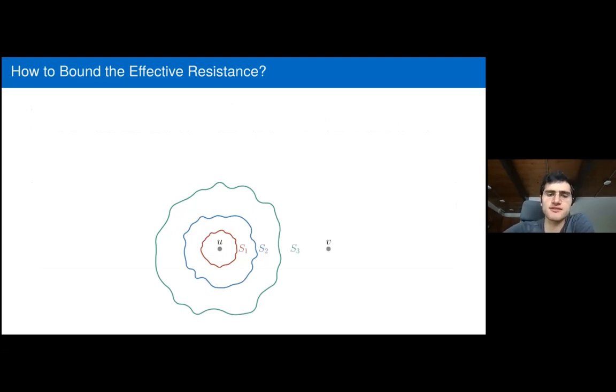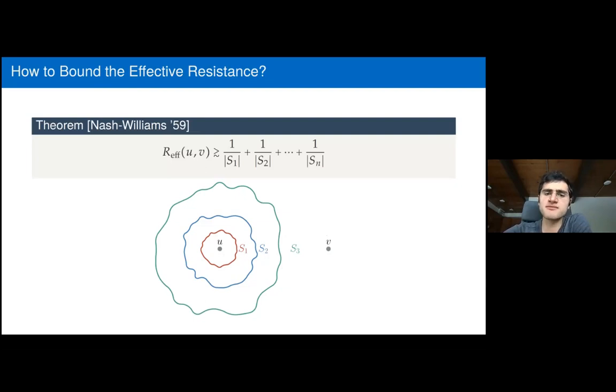Suppose you're interested in the effective resistance between U and V, and they're separated by these cut sets S_i. By separated, I mean that if you remove S_i from your graph, then U and V become disconnected. Then by work of Nash-Williams, we know that the effective resistance between U and V is lower bounded by the sum of the inverses of the sizes of these sets.